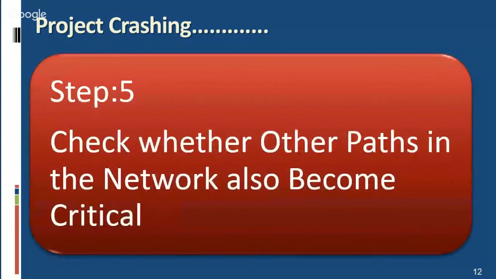Step 5. If due to crashing of an activity time, other paths in network also become critical, then identify and crash the activity on the critical paths with the minimum joint cost slope. Step 6.